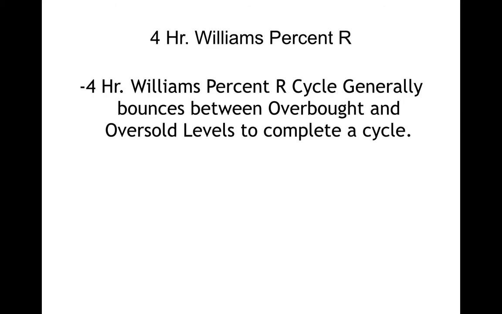So if the cycle has just finished, if it's completed the pip count, and the 4-hour Williams percent R is oversold, then I'm going to look for it to start moving up.